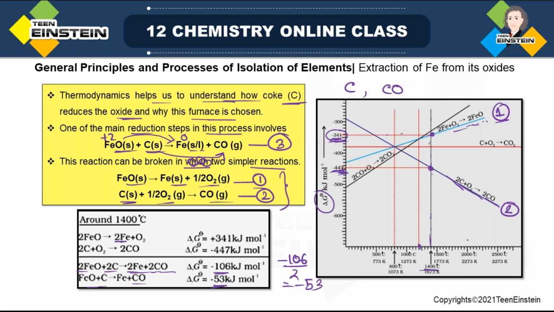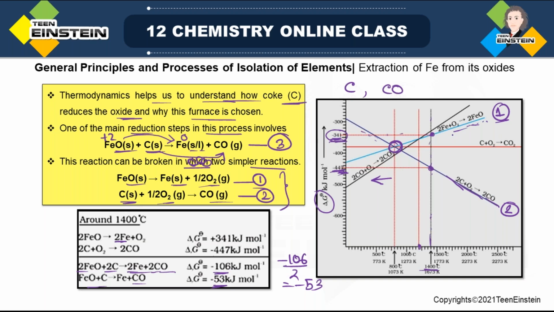And there is a simple trick by which you can easily predict whether this reduction will be possible or not. See, find the point where these two lines are cutting each other. Now, if we move towards the left hand side, this light blue line is below this navy blue line.